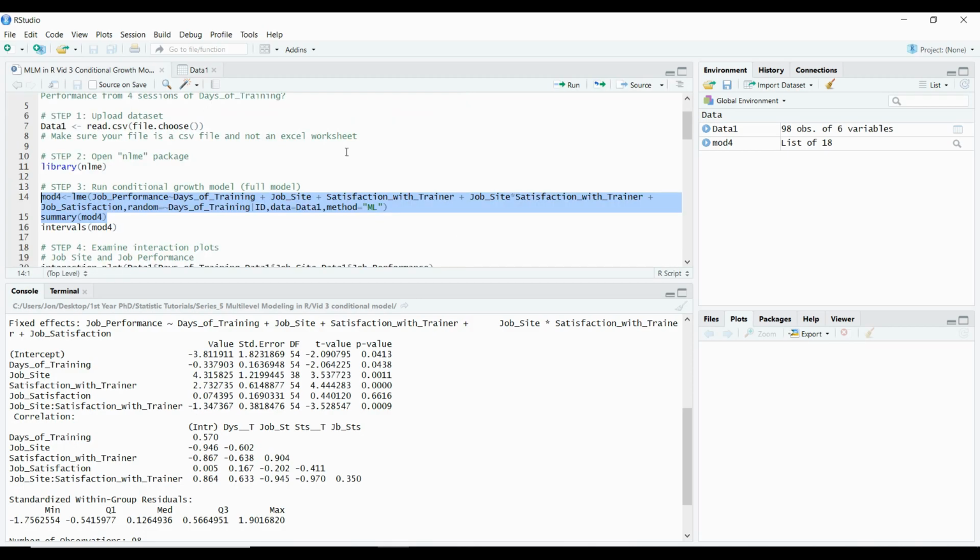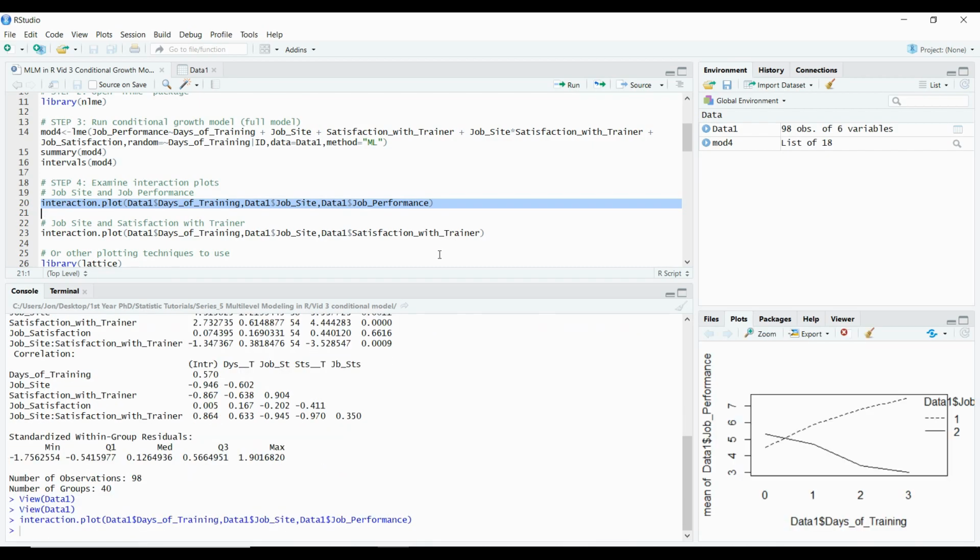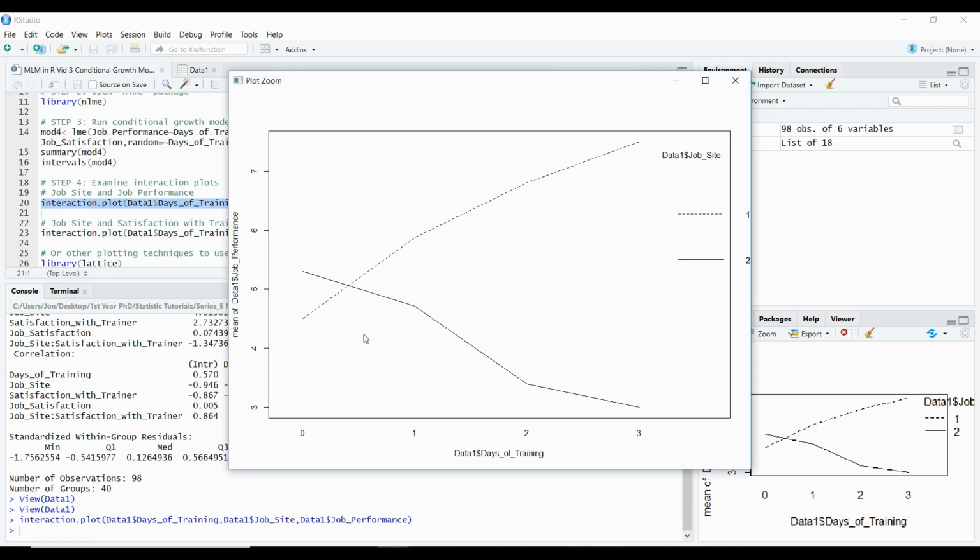And I'll actually show that really quickly in a plot before I start interpreting more of the other results. So I'm sort of skipping down below here to show an interaction plot. You don't need any library to run one of these. All I'm doing is comparing days of training across job site based on job performance. So I'll just quickly run this because I want to show why these negative values can occur. So as I was saying, job site 1 and job site 2, that's the way things are coded.